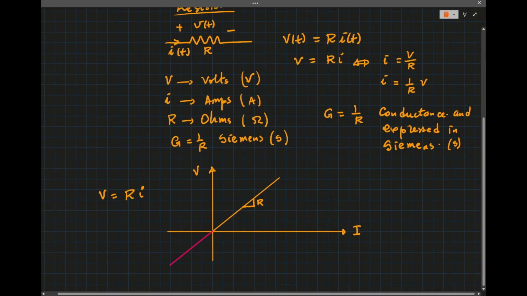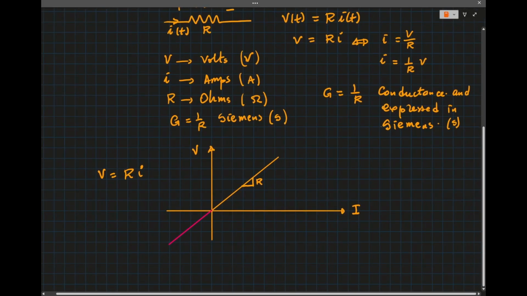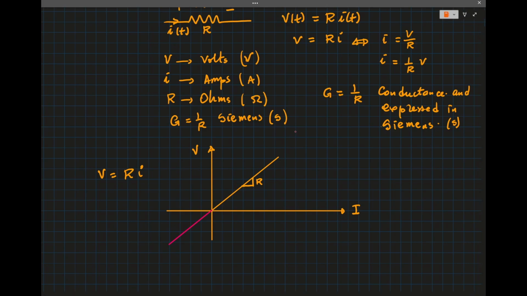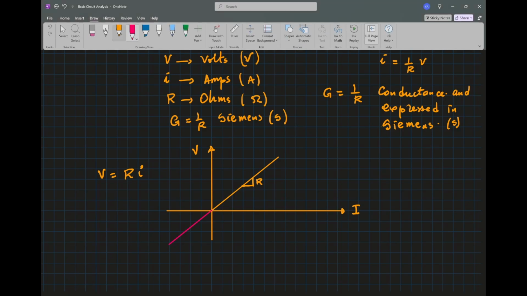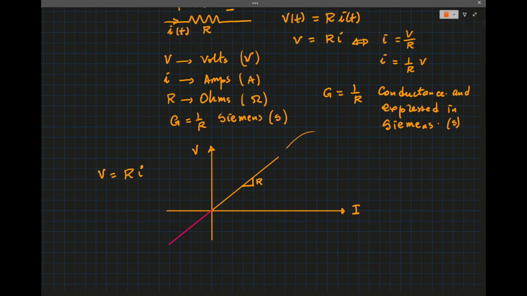Now, in real life, this is not going to be linear for the whole range. So you might have something like this. As you can see, the linear region is from here to here.